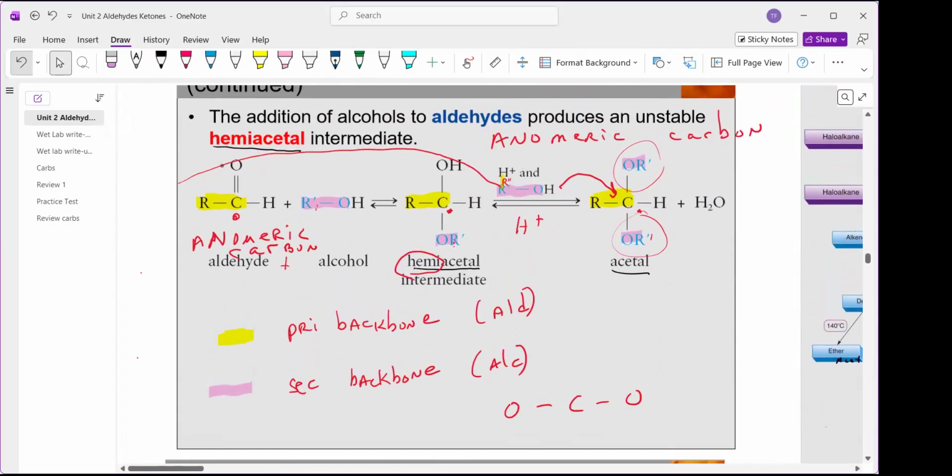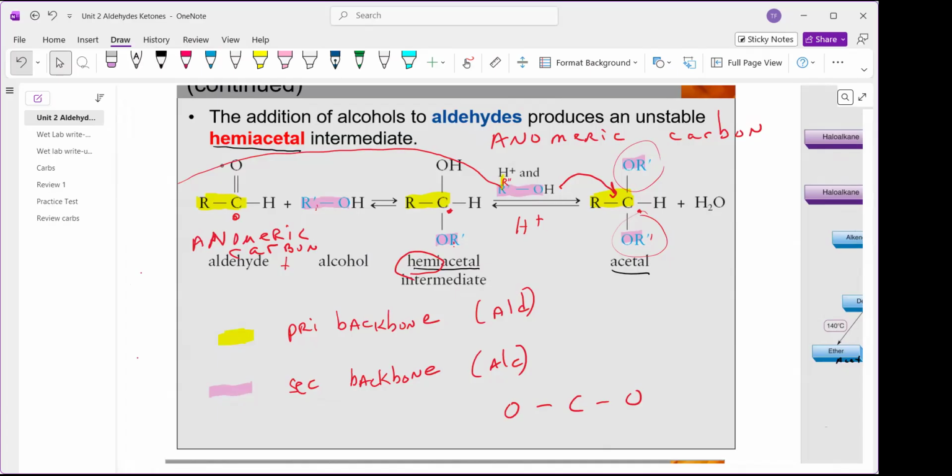So we're going to have two backbones. We're going to have a primary backbone, secondary backbone. Primary backbone comes from the aldehyde or the ketone. So if we look at aldehydes first, the primary backbone again is the aldehyde.